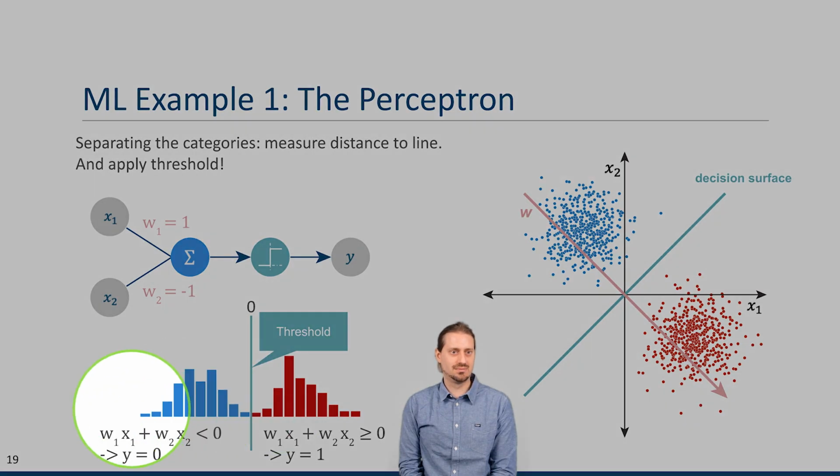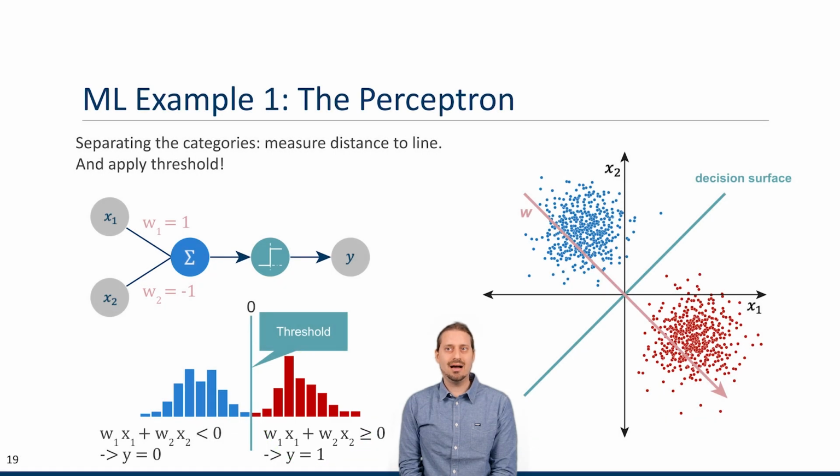We say everything smaller than 0 gets the value 0. Remember, we associated this with the blue category, and everything to the right of the threshold, so everything bigger than 0, gets the value 1. Remember, 1 was the red category. And now we see how, given this pretty simple model, we can classify this problem into two different classes.